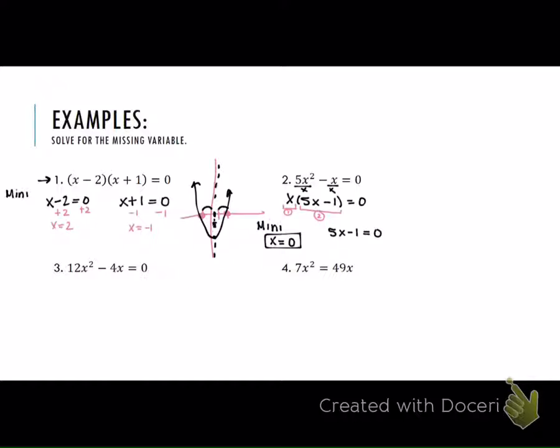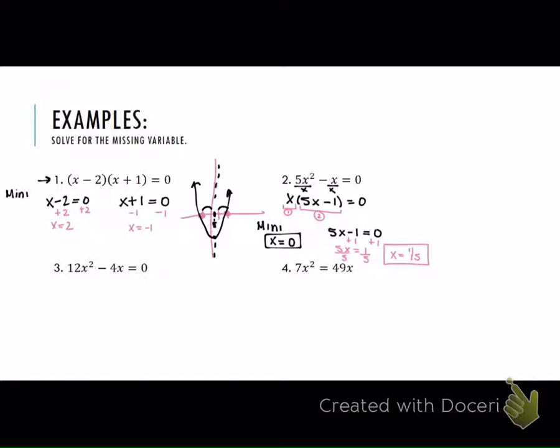How can I solve that other equation there? What am I going to do? Add 1. And then what are you going to do? Divide by 5, so you get x equals 1 over 5.